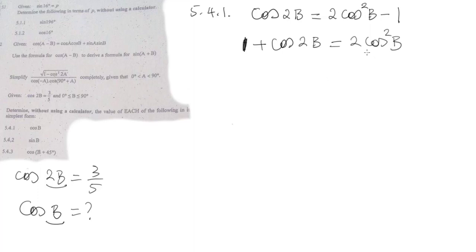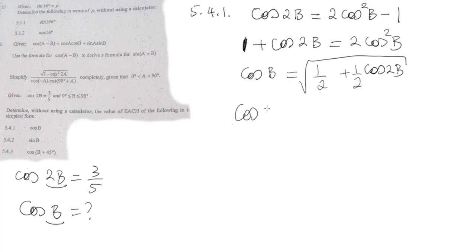So if I divide both sides by 2, cos b will be the square root of 1 over 2, plus 1 over 2 cos 2b, all under a square root because of the square.